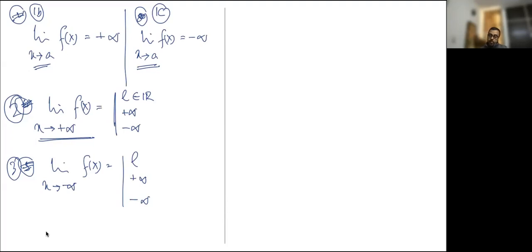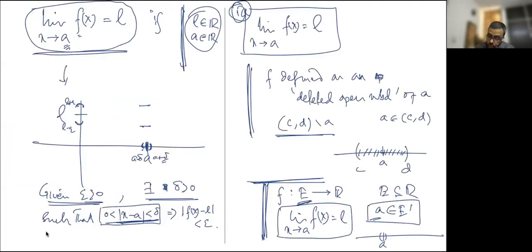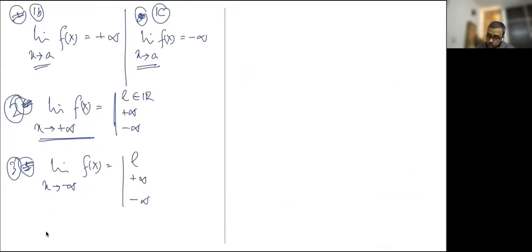Depending on that, you have 3 different cases possible. Now, once you understand this case and you know what are the neighborhoods of plus infinity and minus infinity, the other definitions would follow naturally.